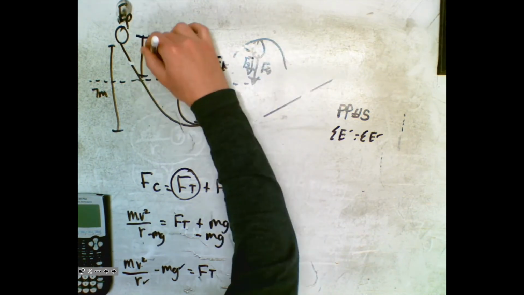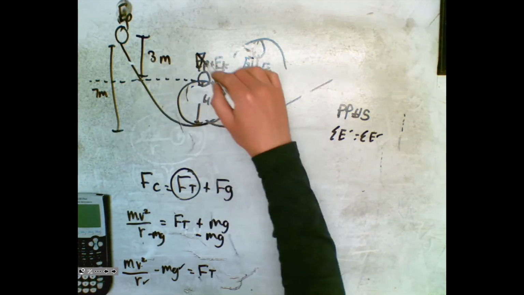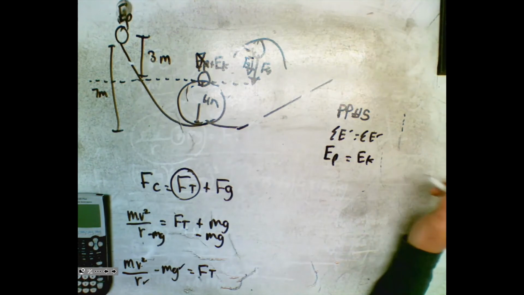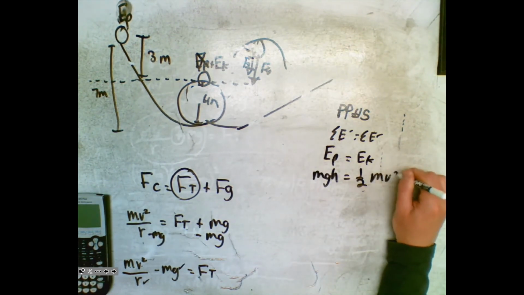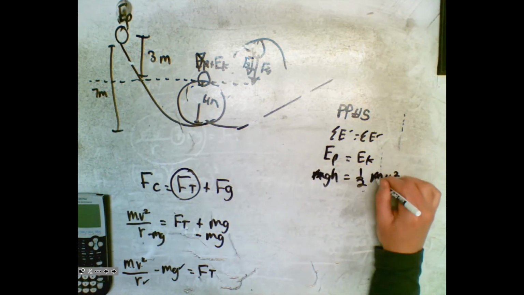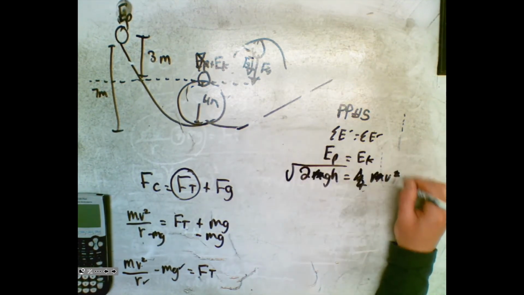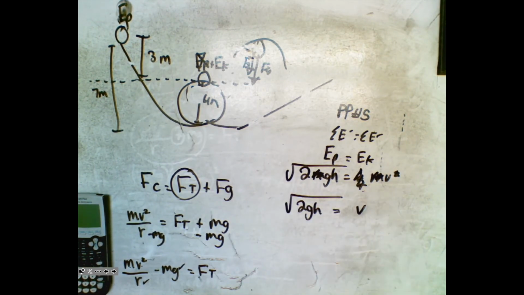This is 3 meters above our reference point, and we just have potential turning into kinetic. So EP is equal to EK. mgh equals 1/2 mv squared. Our masses cancel out, the 2 goes up top, and it's square rooted. So square root of 2gh is equal to v.